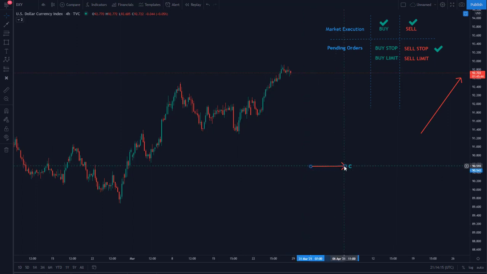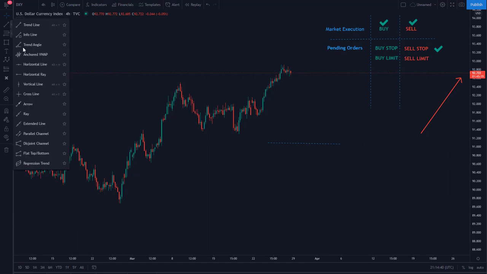So, let's begin with the buy limit. A buy limit is simply where you have your current market price placed somewhere here, okay? But after your analysis, you feel you can get it at a cheaper price.